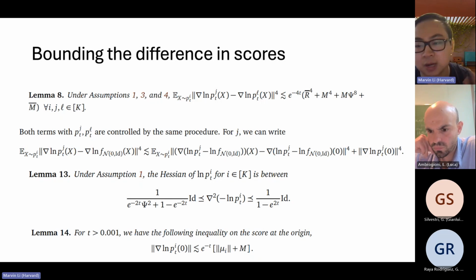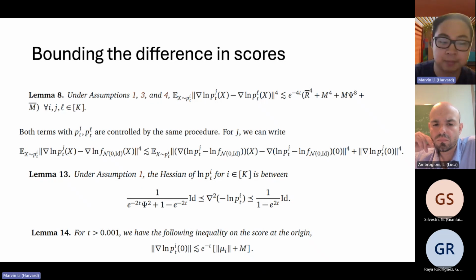And both of these terms end up going to 0 exponentially quickly with respect to t.